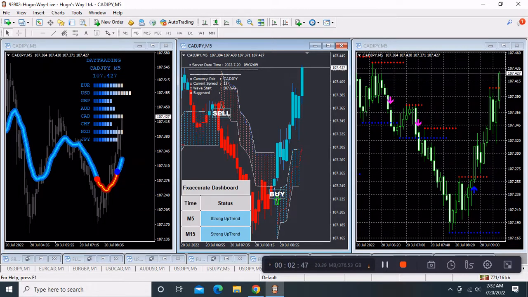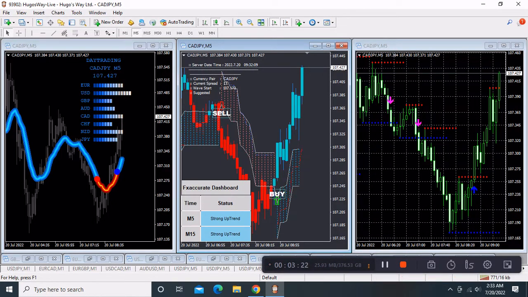Also, because these indicators are on MT4, the cool part is that all of the candles are the same, so everything is in unison. Even the shadow candles here are running concurrent with the other indicators. What is really cool about this indicator is that when you open it all the way up, it will show you all of the time frames and whether the trend is a strong trend or a weak trend.